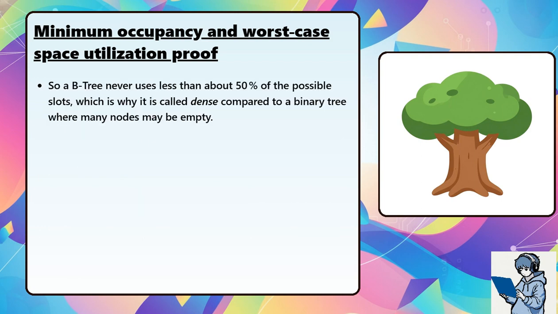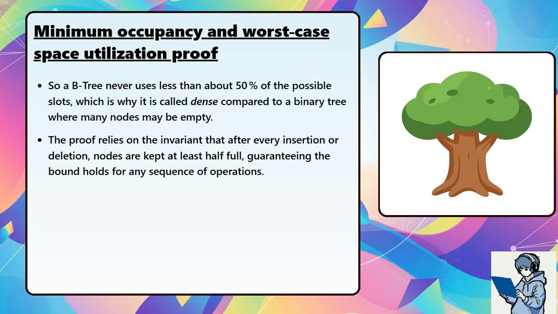So a B tree never uses less than about 50% of the possible slots, which is why it is called dense compared to a binary tree where many nodes may be empty. The proof relies on the invariant that after every insertion or deletion, nodes are kept at least half full, guaranteeing the bound holds for any sequence of operations.